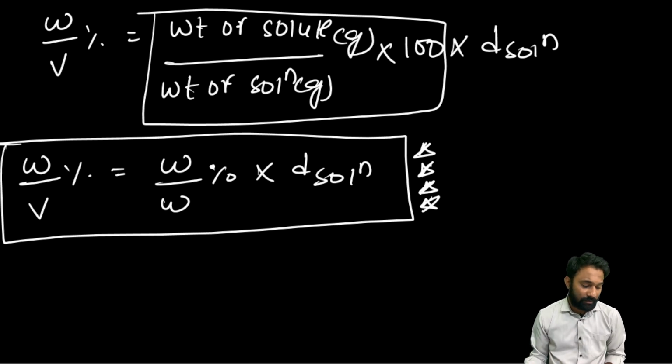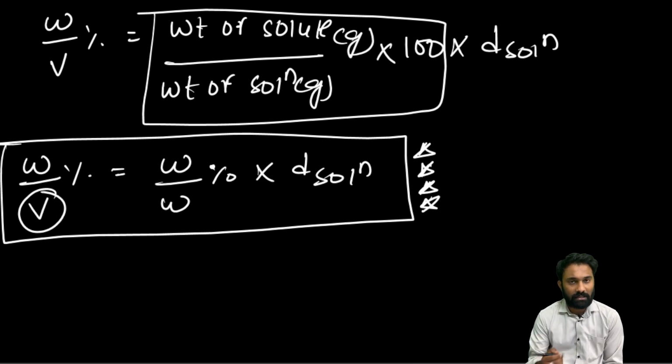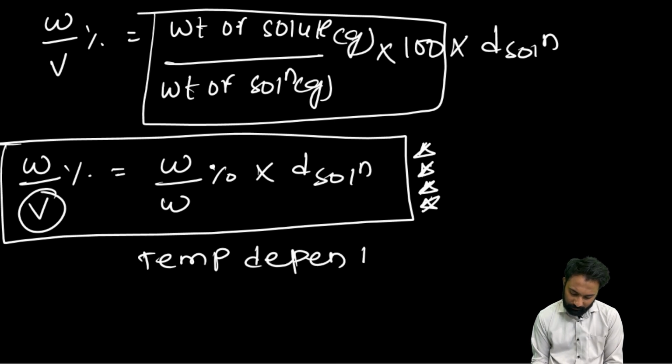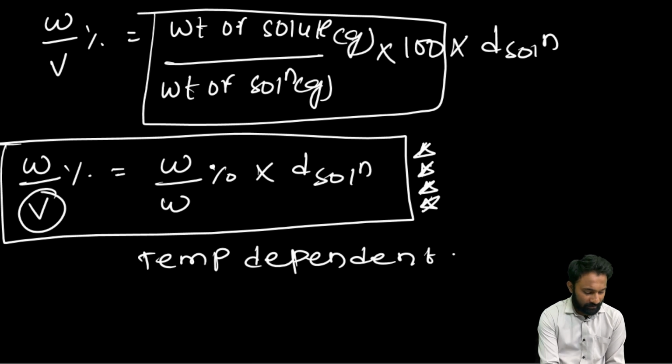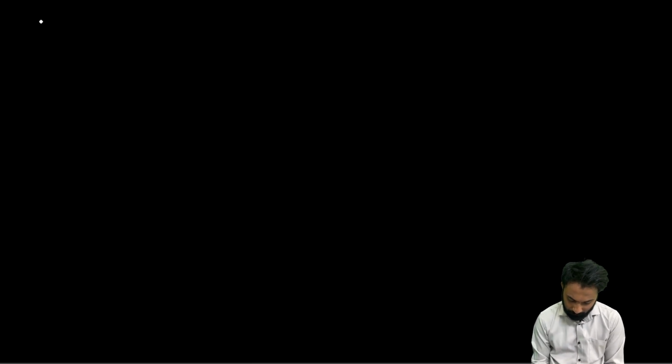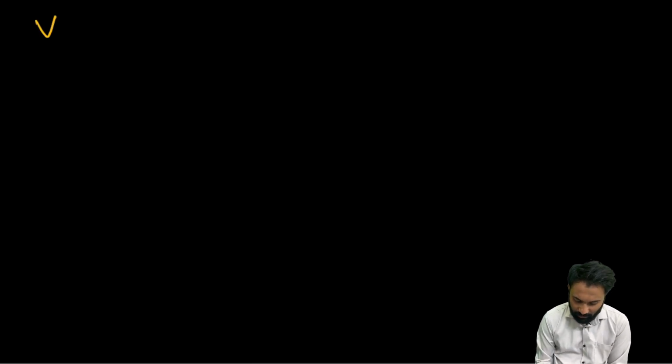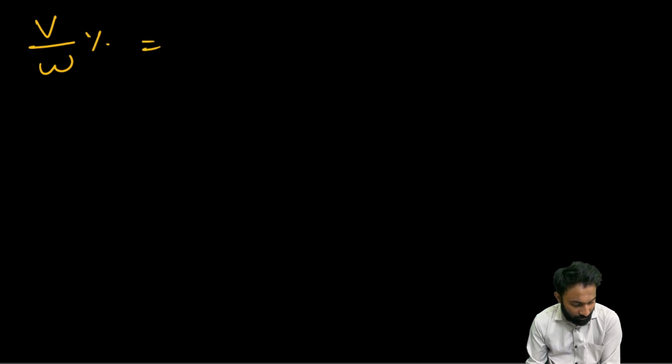Clear? Now tell me, is this temperature dependent or temperature independent? As I said, if you see a volume term in the formula, that is temperature dependent. Blindly believe that it is temperature dependent. Next concentration term we are going to see is V by W percentage. What is the meaning of V by W percentage?